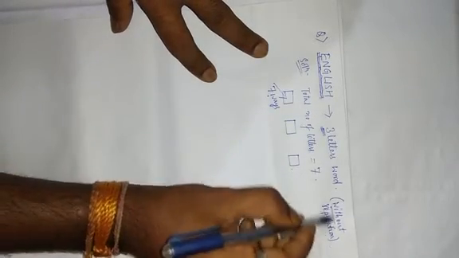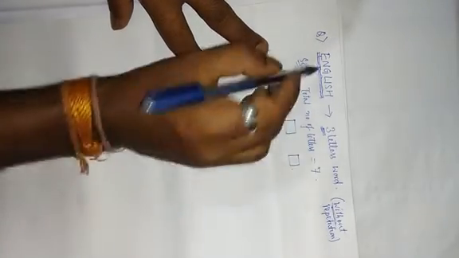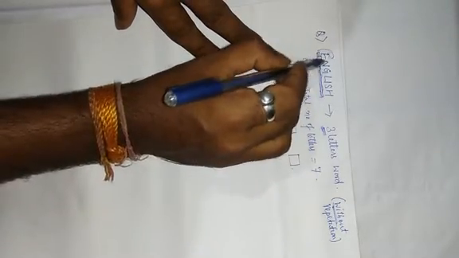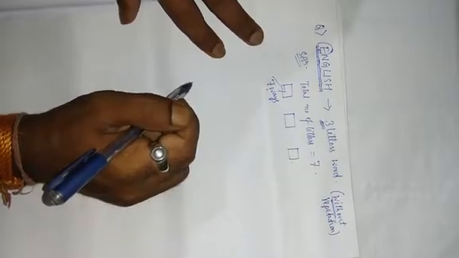So this is the case of without repetition. Now what is the meaning of without repetition? Means whatever letter I will use, that letter cannot be repeated in the second case. Okay student.